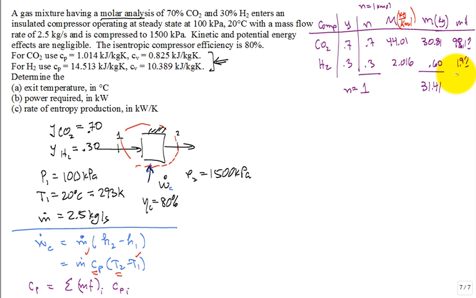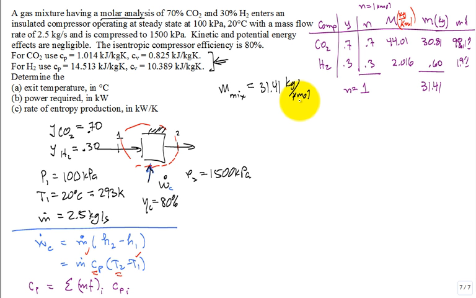Because CO2 is so heavy, it has a lot greater mass fraction than it does mole fraction. Can you tell me what is the molar mass of the mixture? 31.41 kilograms per kilomole of the mixture. That's the molar mass of the mixture.